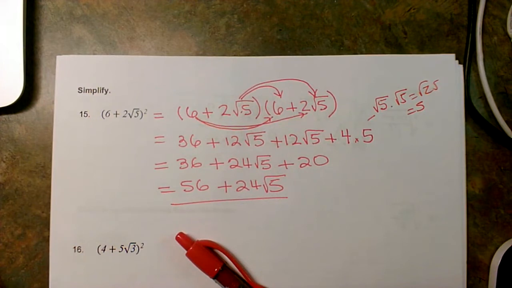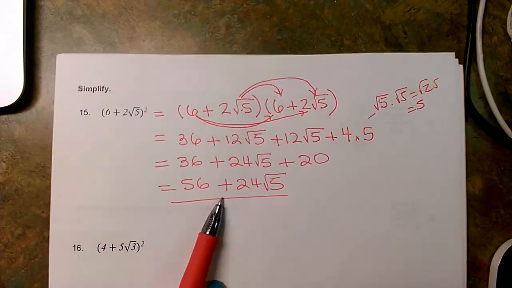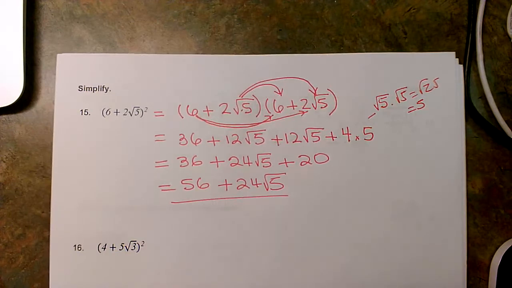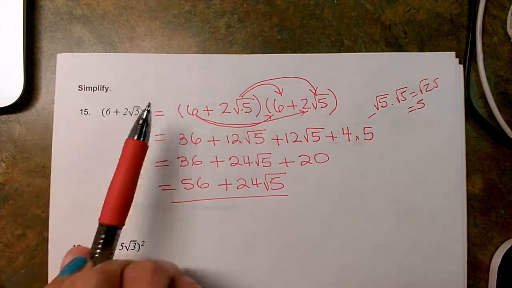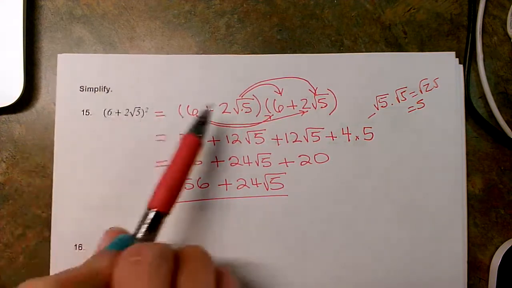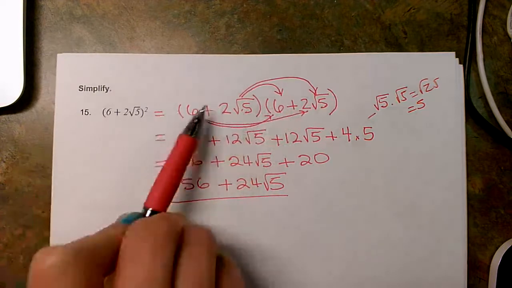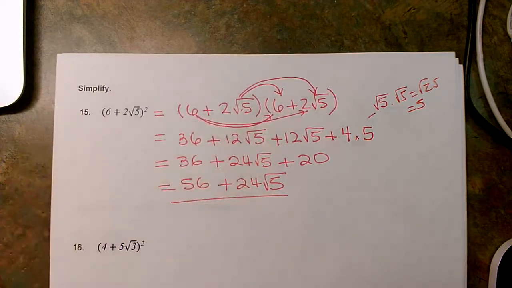Sorry, and this is our answer. So these 2 here means that we have 2 of these ones. And we just distribute. That's what we do.